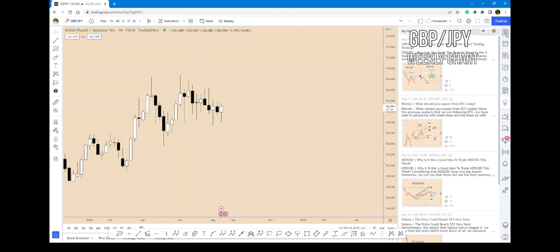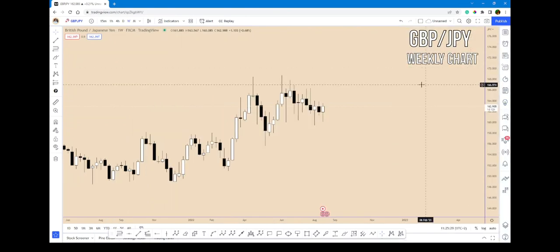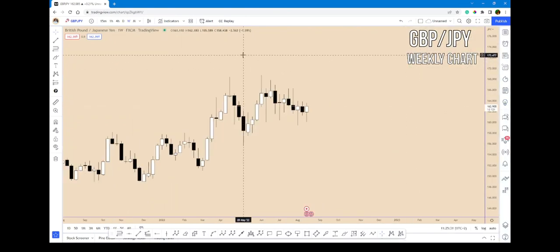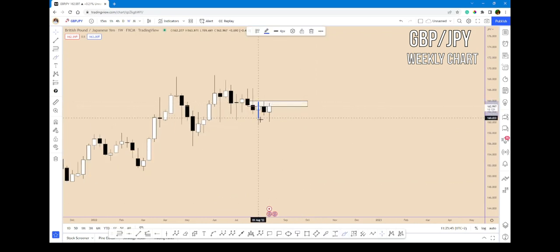So let's look at how the price is looking on the weekly chart. As you can see, during the previous weeks, price created these shadows and came back down again. Look at how price came down, it came down, it came down.